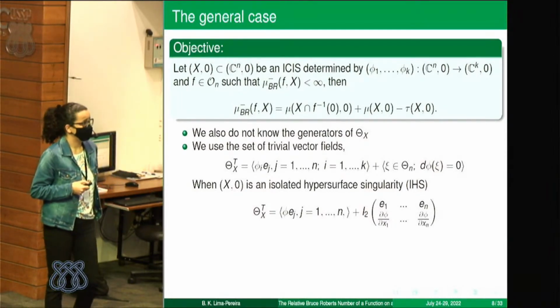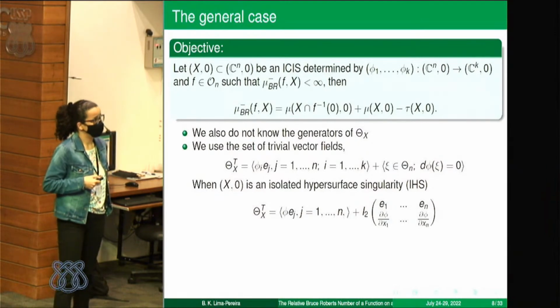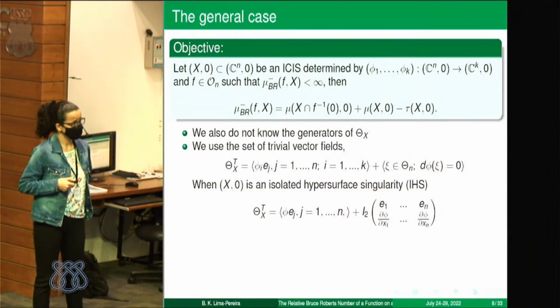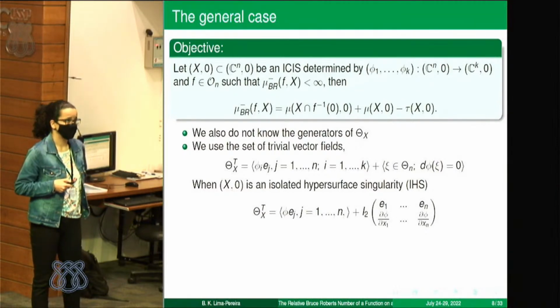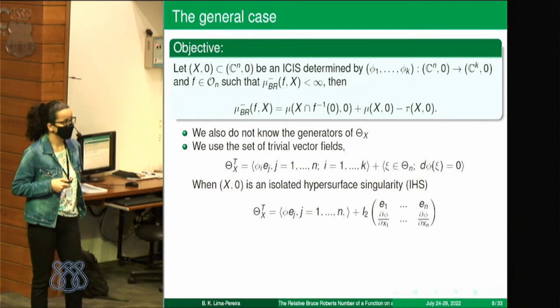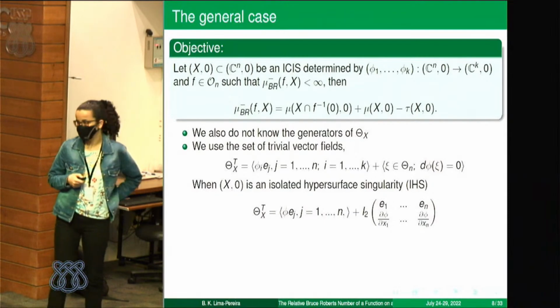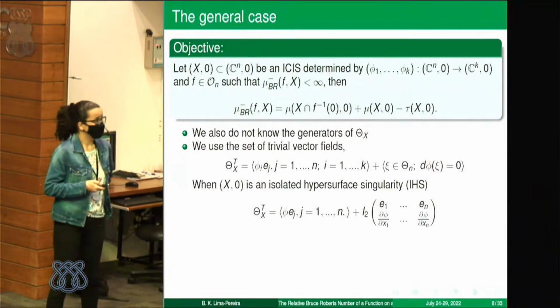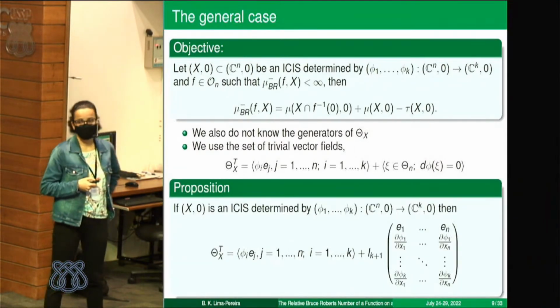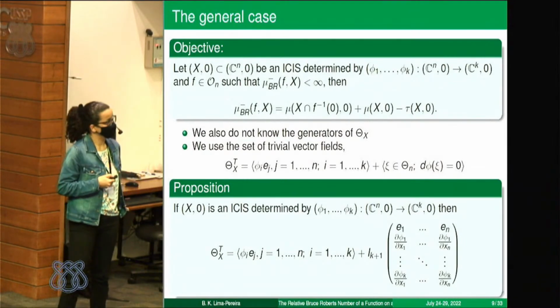When X is an isolated hypersurface singularity, we have this characterization for the set theta X t, because in this case we know that the partial derivatives of phi form a regular sequence. We extend this characterization considering X an ICIS determined by this map germ.